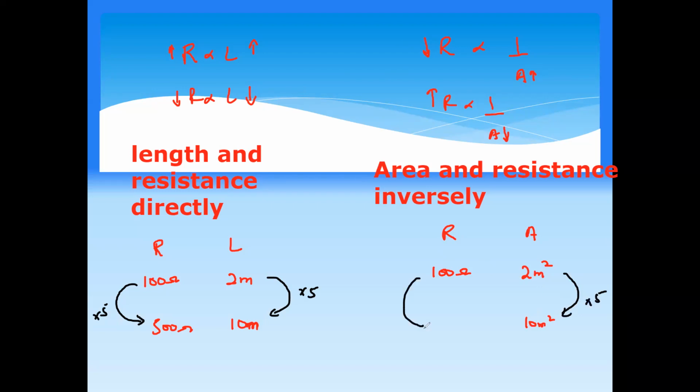So what happens to resistance? It will decrease by a factor of 5, so it will be 100 divided by 5, which is 20 ohms. So the resistance will be equal to 20 ohm.